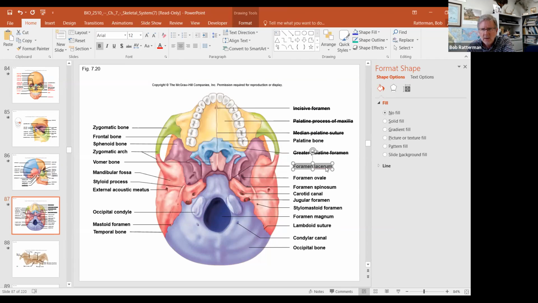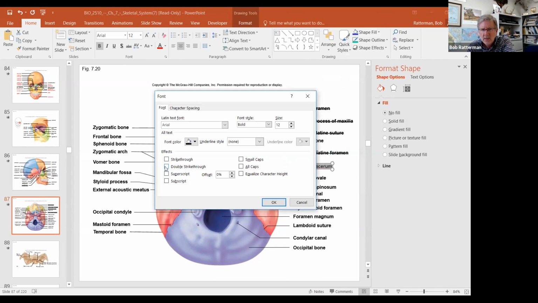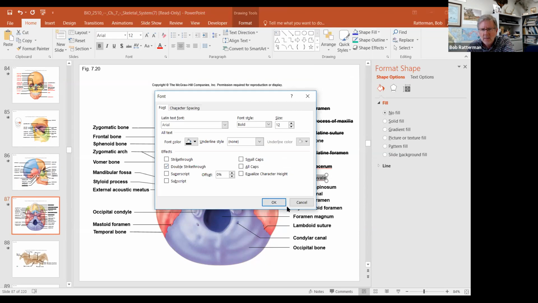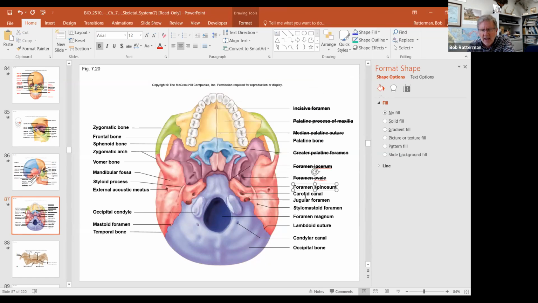You don't need to know those. Foramen spinosum, likewise, you can omit that. Carotid canal, jugular foramen, all this next group, actually all the way down to stylomastoid foramen, you can ignore those. Cross those out. I'm not going to cross them out here, it takes too much time. And the remaining ones, this one you should know, this one you should know. Condylar canal, no, don't worry about that. Occipital, obviously, yes.